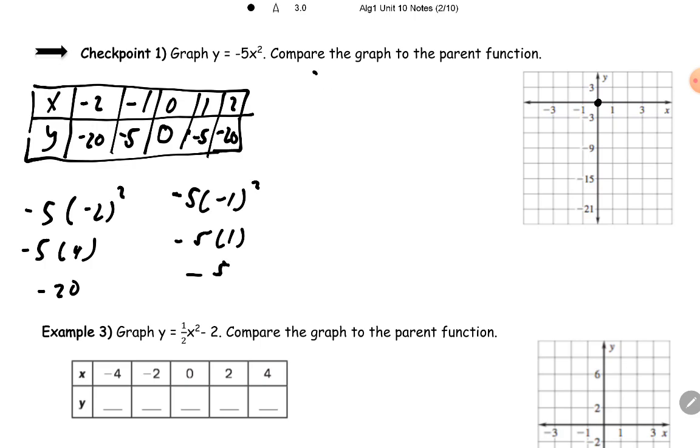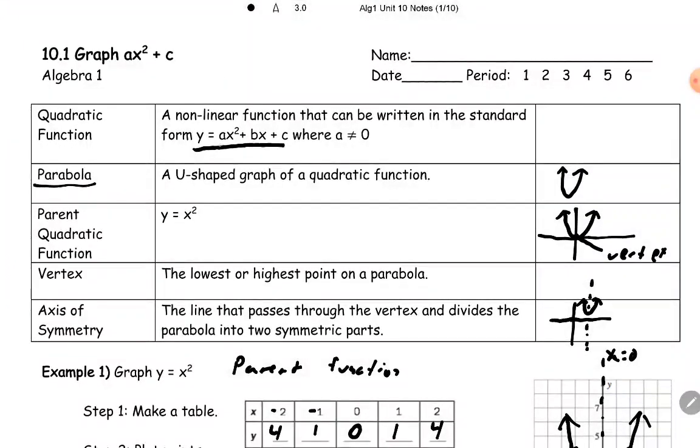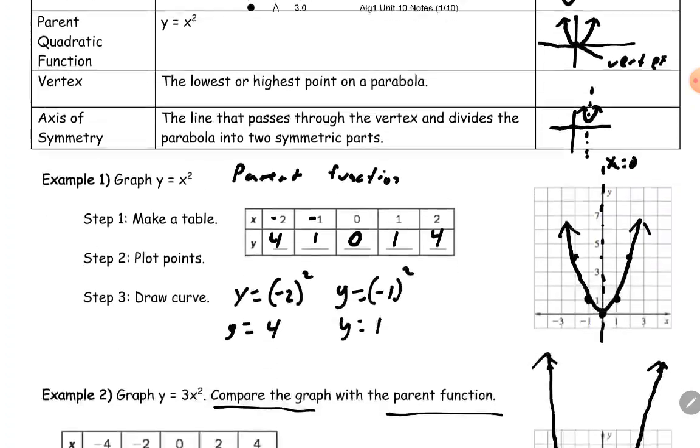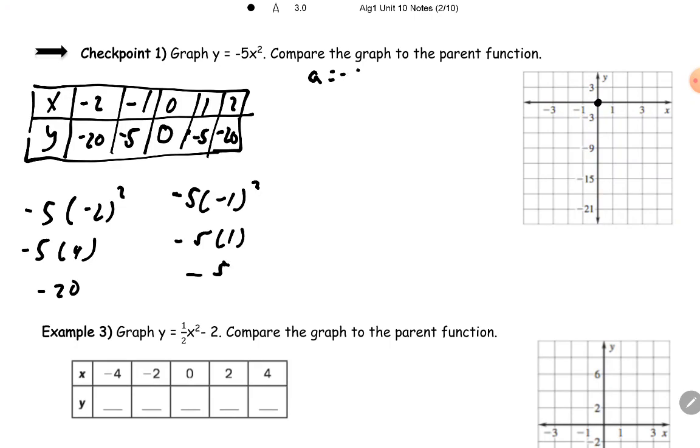So notice that our a value, if we go back, is this first number here in front of the x squared. Our a value is negative 5. Now what happens when your a value is negative is that you open downward. And we'll get to see by plotting our points here. (-2, -20), (2, -20), (1, -5), (-1, -5).